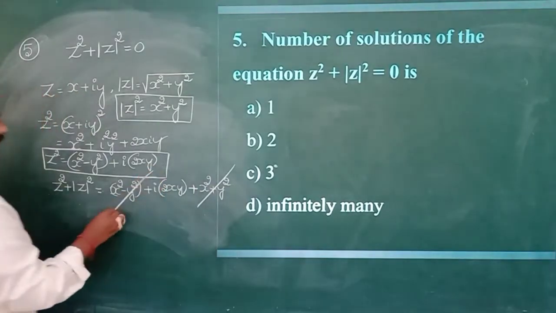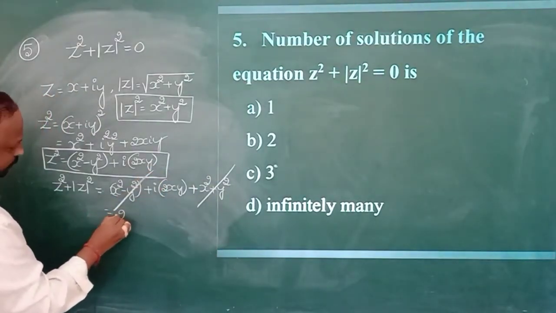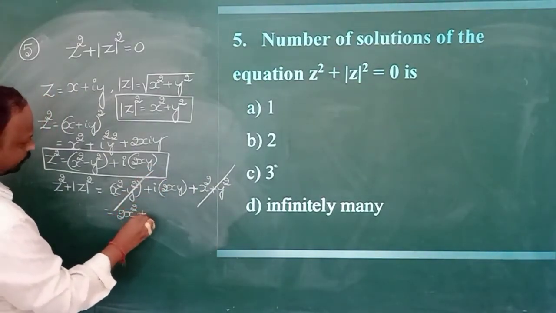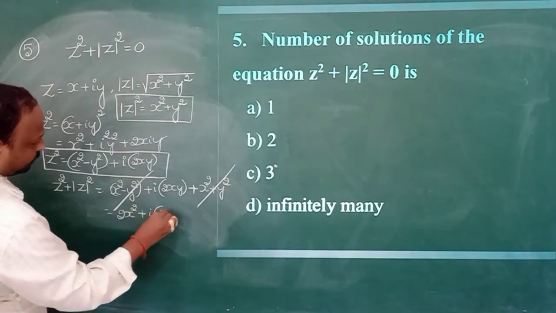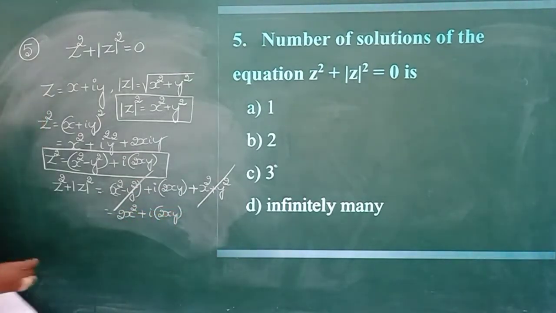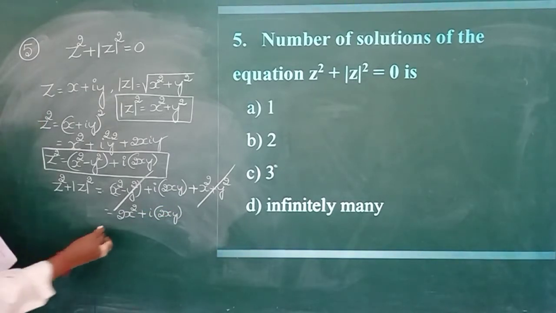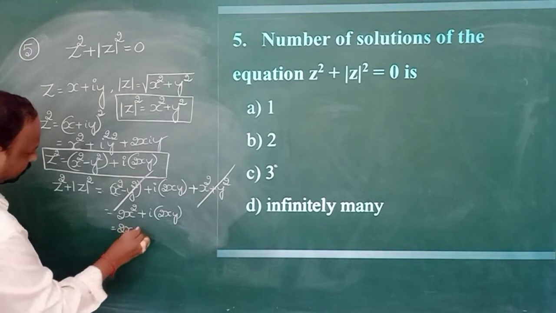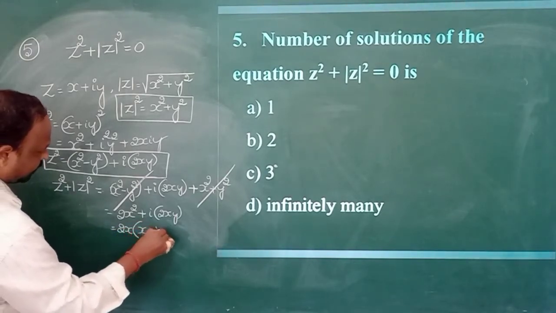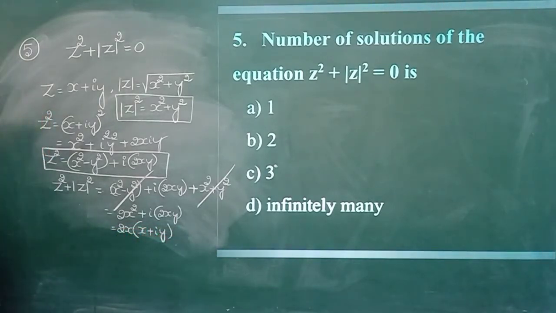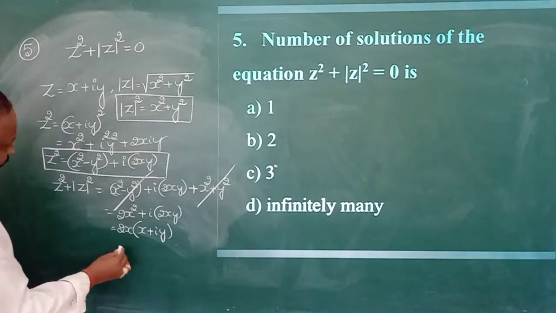Plus y square minus y square cancel. This will be 2x square plus i into 2xy. Take 2x common: 2x into (x plus iy). So this value is 0.